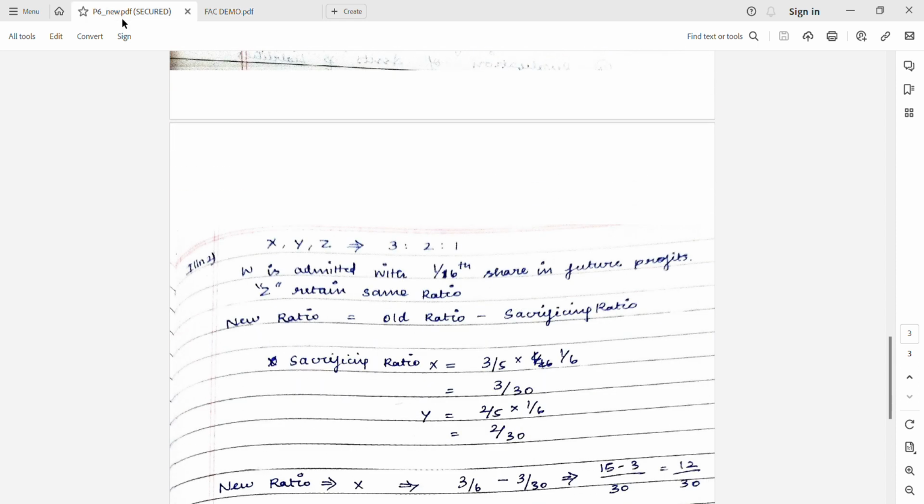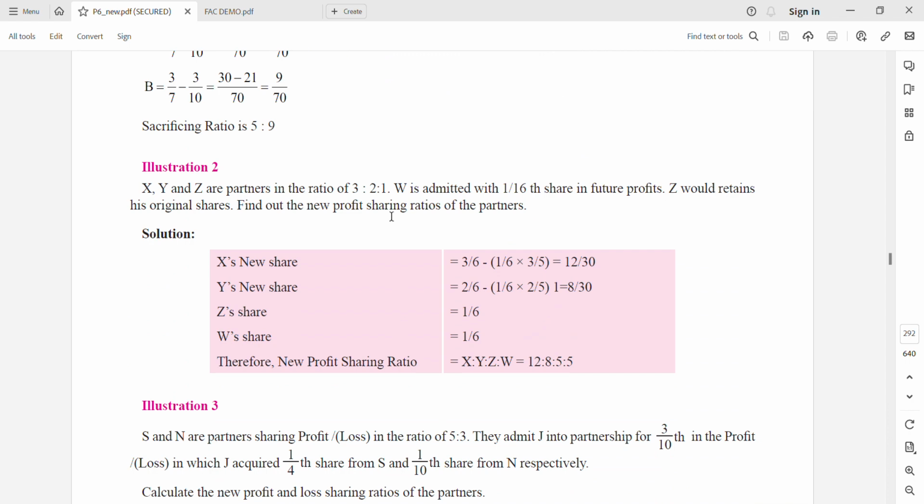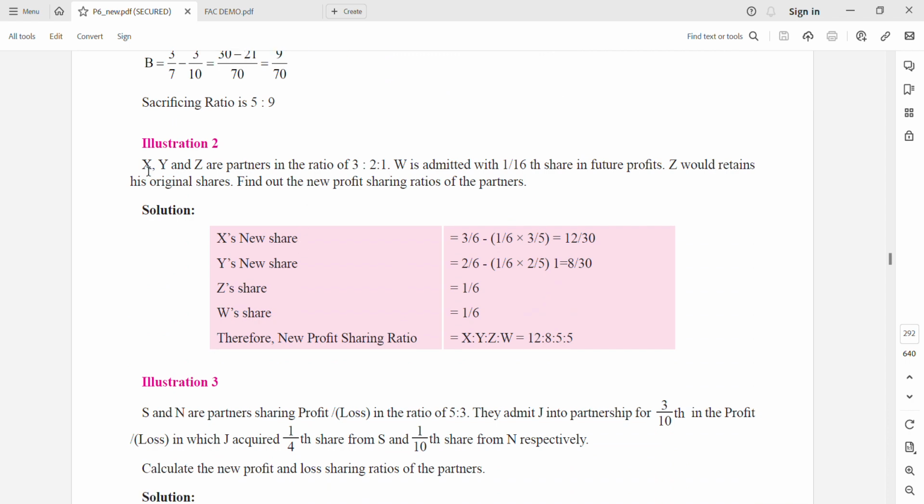The next problem is: X, Y, Z are partners in the ratio of 3:2:1. W is admitted with 1/6 share in the future profit. They have given 1/16 in the book, but that is wrong; it is 1/6. Here Z would retain his original share.